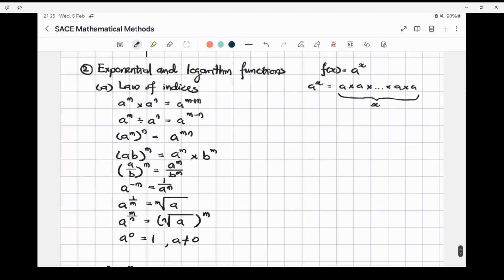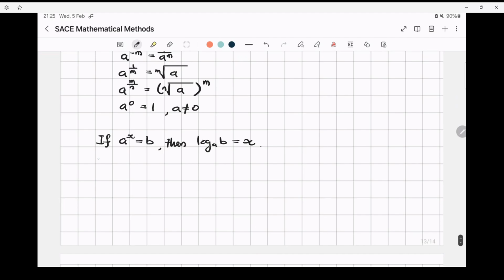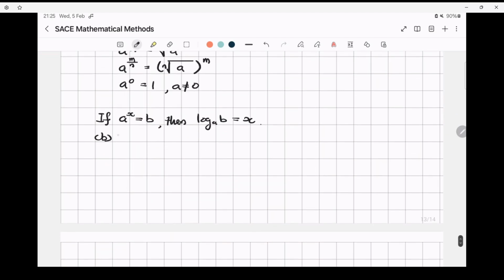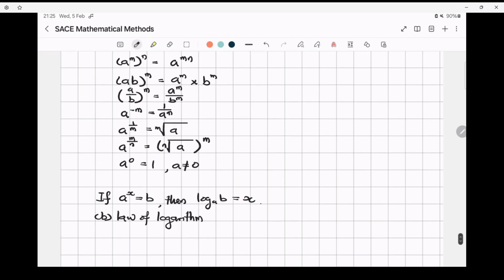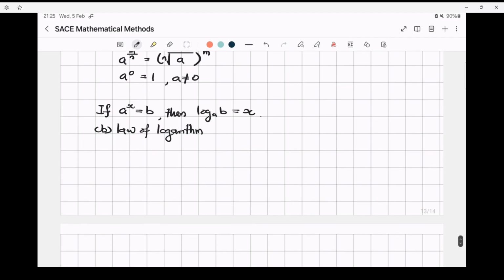So now let's look at the laws of logarithm. Okay, let's start from the easy one. A to the power of 1 is a.